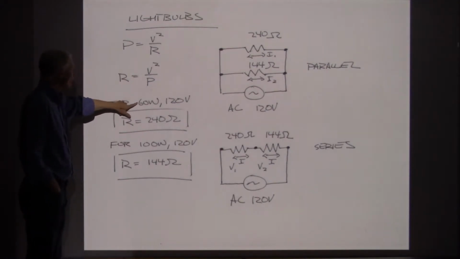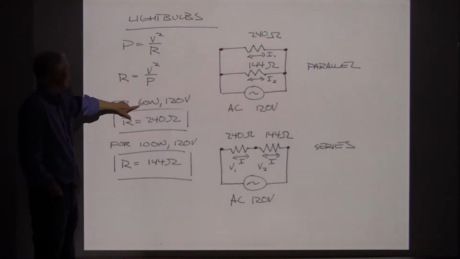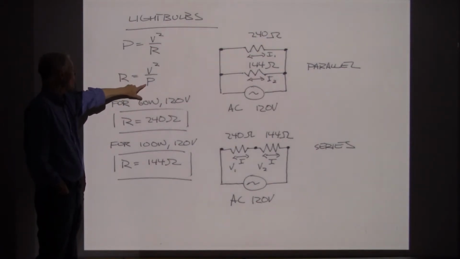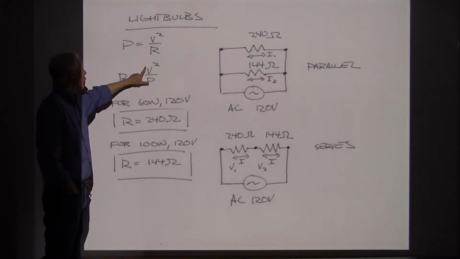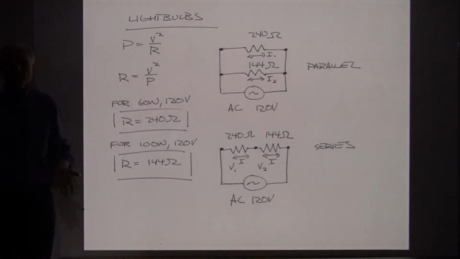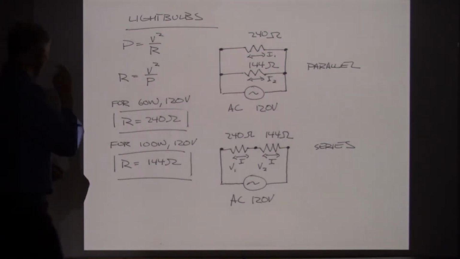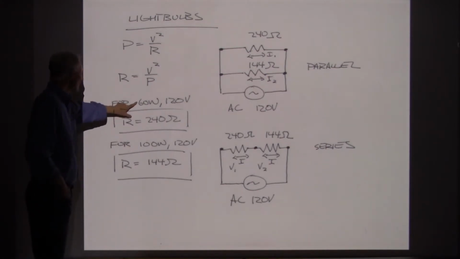Now, one of the light bulbs was rated at 60 watts and 120 volts. I can use those to find out what the actual resistance of that light bulb is. The one listed as 60 watts is a 240 ohm bulb. That's the actual property of that light bulb. So I've got the resistance of this light bulb figured out.